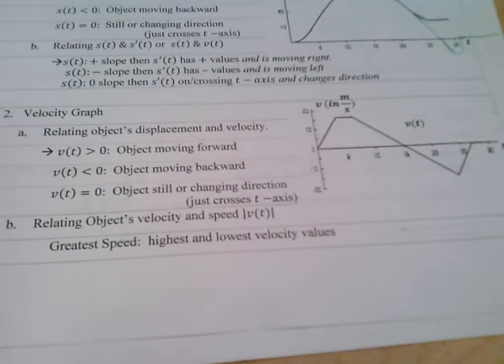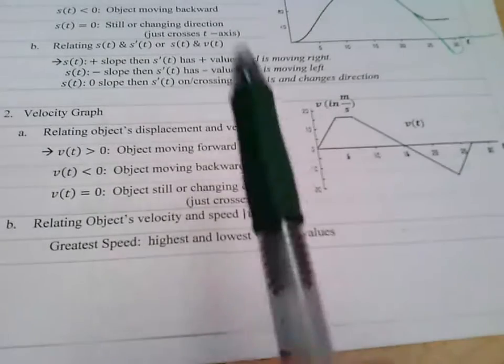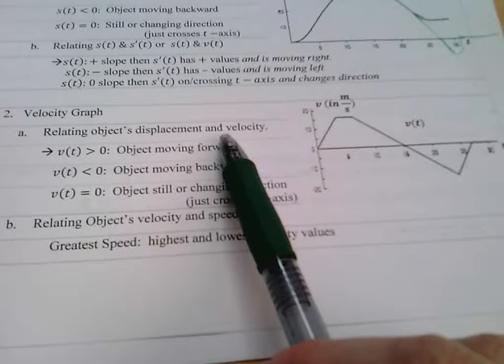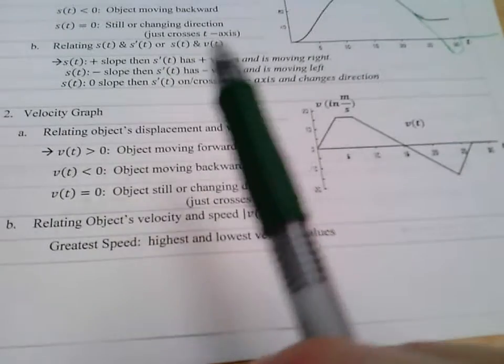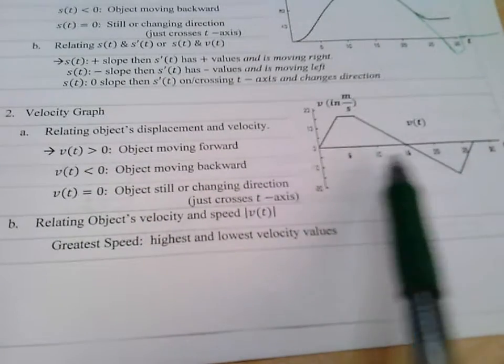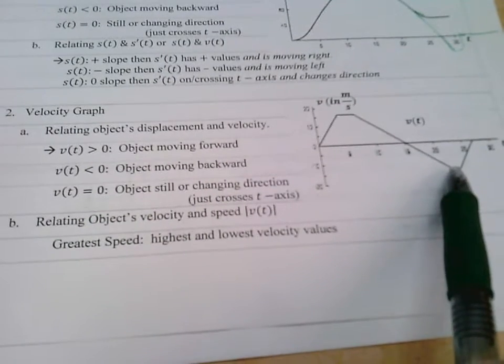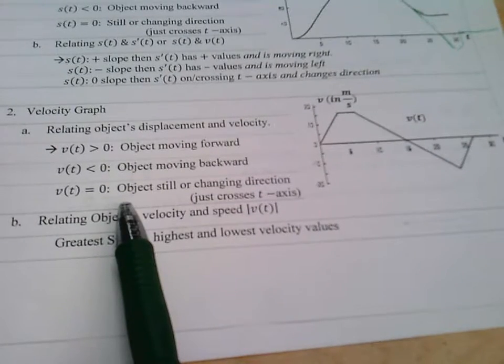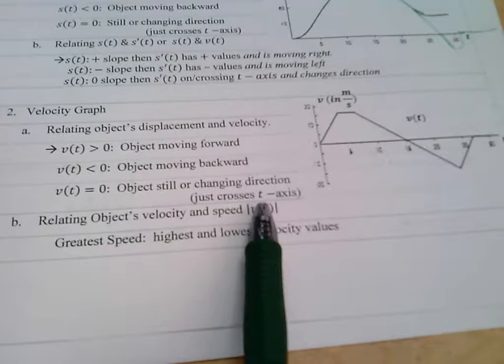Alright, so velocity graph. So relating objects' displacement and velocity. If velocity is greater than 0, the object is moving forward. If the velocity is down here, the object is moving backward. And if the velocity is 0, it's still or it's changing direction.